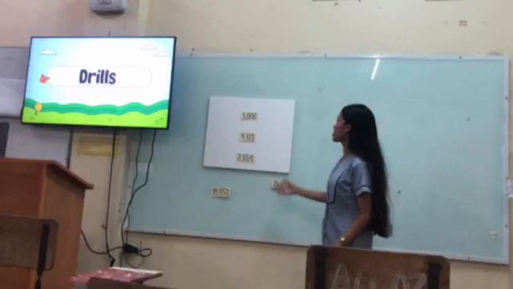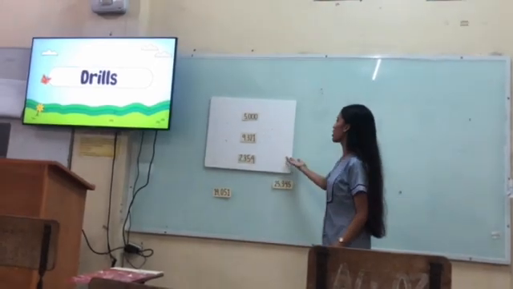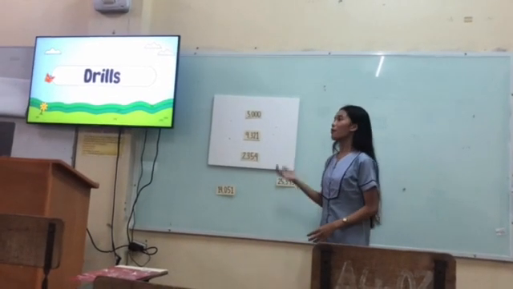Our previous lesson is all about reading and writing numbers up to 10,000 and comparing them using symbols. The answers are 5,000, 9,321, and 2,354.